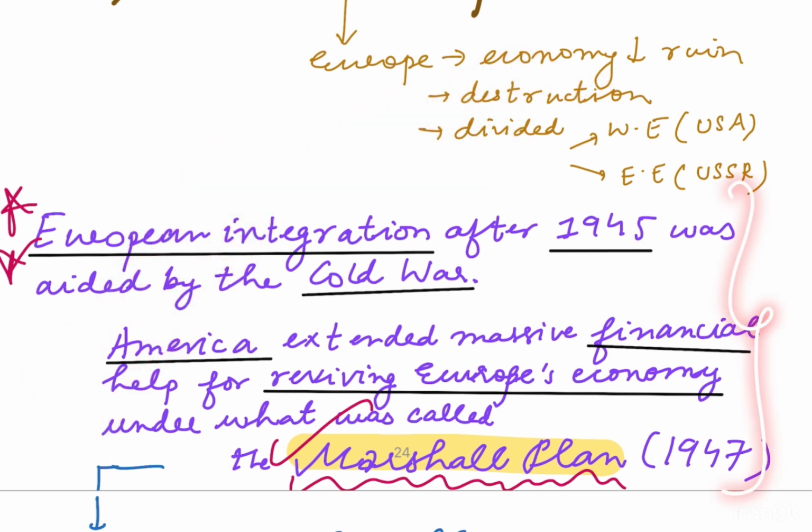So now I hope you're clear about the Marshall Plan, which is basically that the European integration after 1945 was aided by the Cold War. America extended massive financial help for reviving Europe's economy under what was called the Marshall Plan, and you need to remember the year as well, 1947.